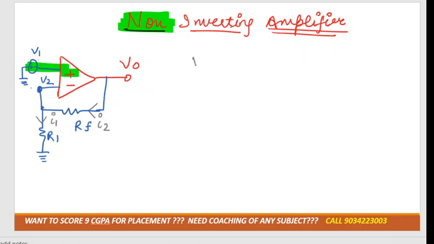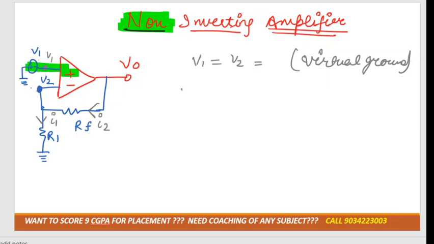Due to the virtual ground concept, the potential here is V1 and V1 must be equal to V2, the concept of virtual ground that I told you in the last class, right? So you can directly write that this potential and this potential would be equal because of virtual ground. Got it? So here I2 current is flowing and I1 current is flowing.